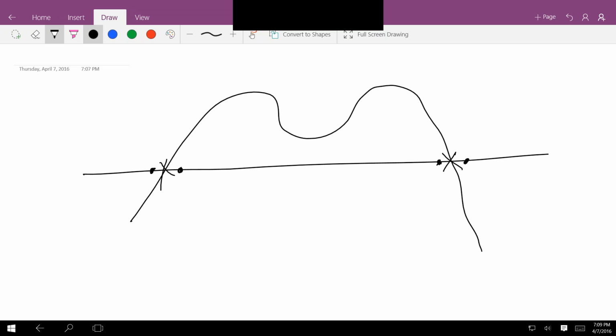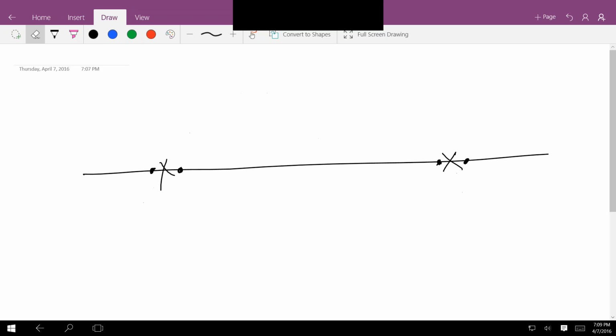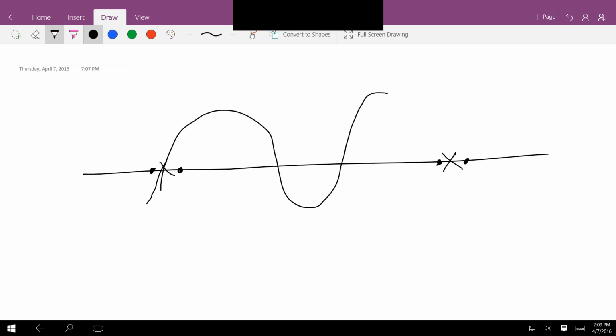Okay. Now, since Wolfram Alpha already told us that there were 4 zeros, I must have drawn this thing wrong. It must be like this, because we have 2 more zeros right there. And you find those the same way as you find these zeros. You put the trace on the left, the right, ask it what that 0 is. Do the same thing there, and find that 0.